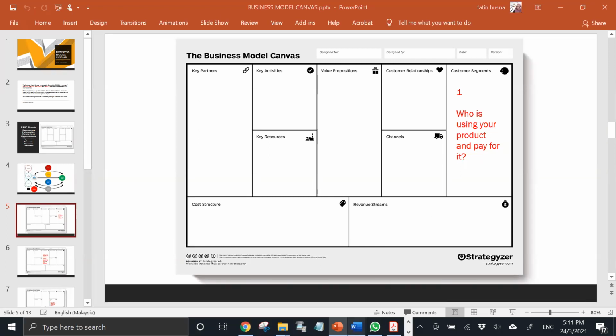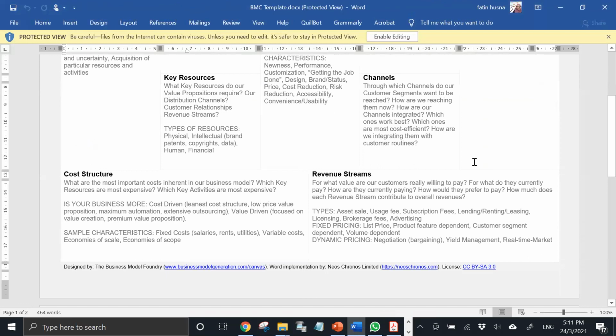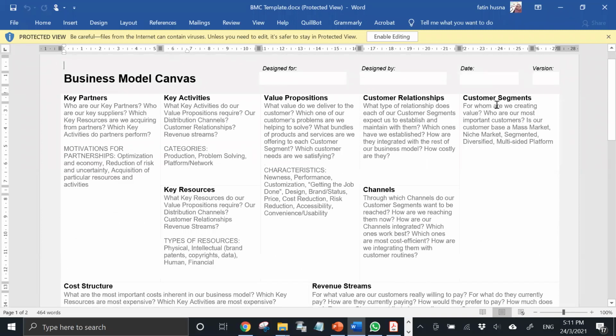Let's see what is this. All right, so this is from the, what is this? News Chronos, I don't know. So for whom are we creating value? Who are you giving the benefit of your product or service to? Who is your most important customer?